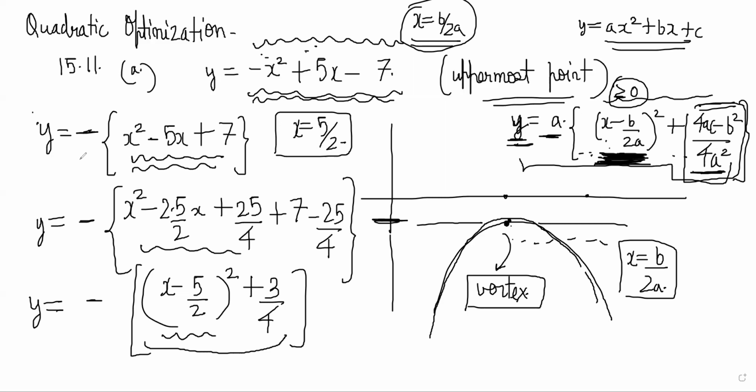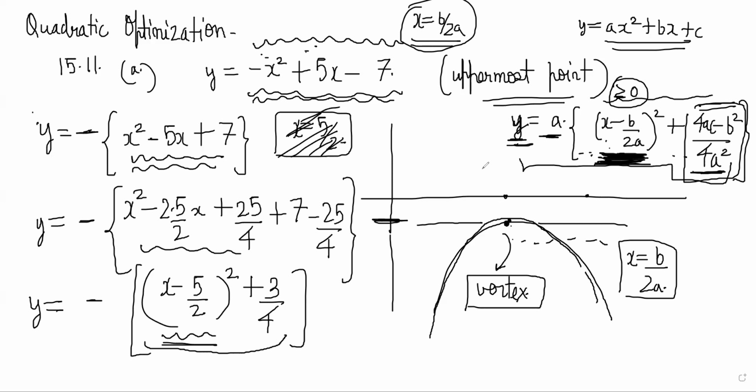Okay, don't worry about that. Complete the square and you will get the answer. Don't worry about actually doing the b by 2a stuff, because I think because of the negative sign it is slightly different. You have to complete the square and realize what is happening.